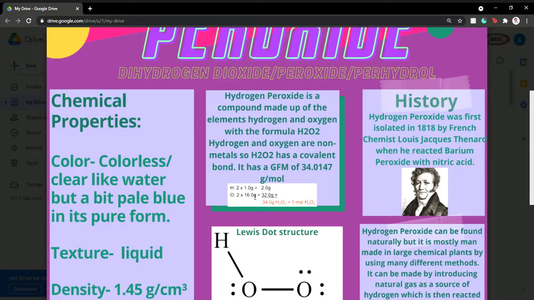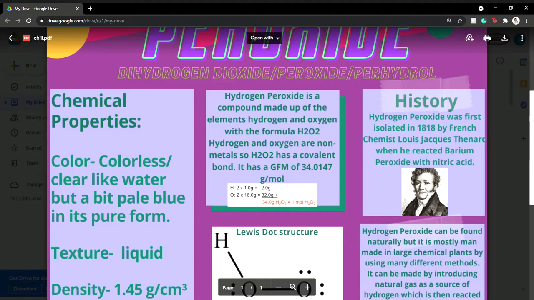It also has two oxygens, and one oxygen weighs 16.0 grams, so 2 times 16 is 32.0 g. We add those two numbers together and we get 34.0 g.